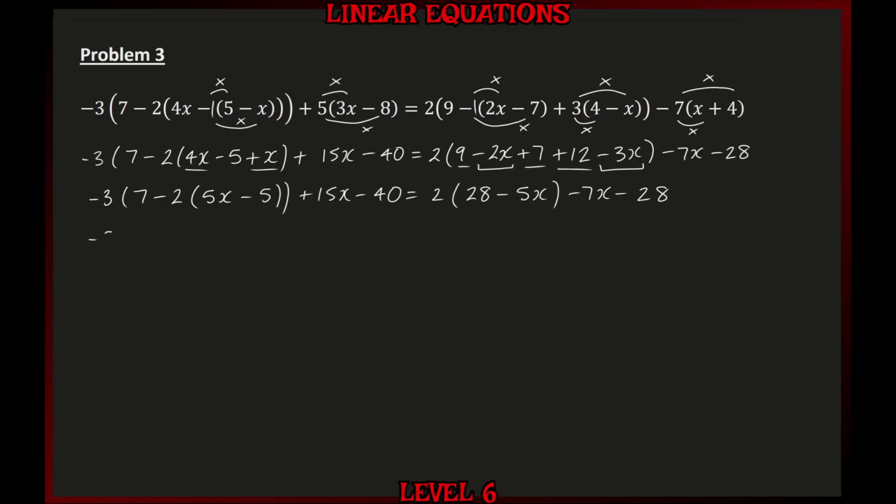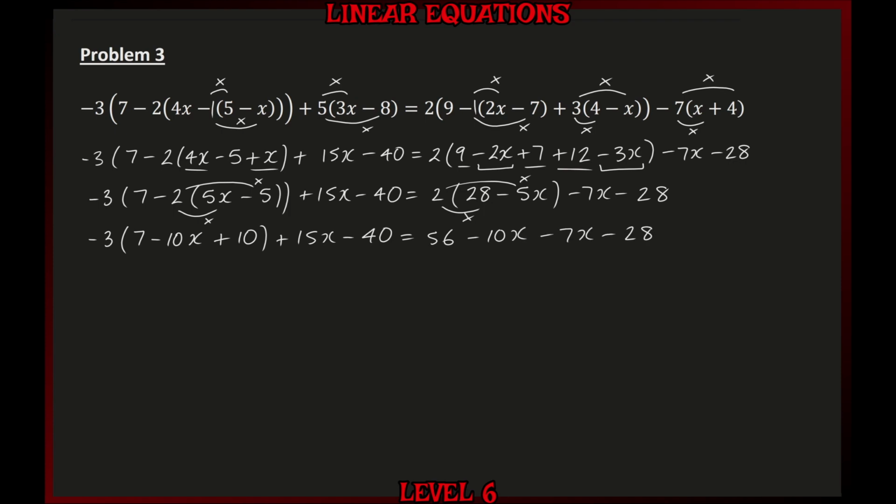We can now go to the next lot of brackets. So on the left, we have minus 3 multiplied by 7, and now minus 2 times 5x is minus 10x, and minus 2 times minus 5 is positive 10. We have a plus 15x minus 40 still, and on the right, 2 times 28 gives us 56, and 2 times minus 5x gives us minus 10x, and we still have the minus 7x and the minus 28 at the end.